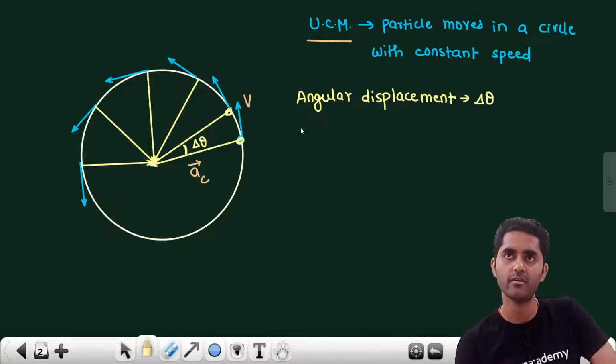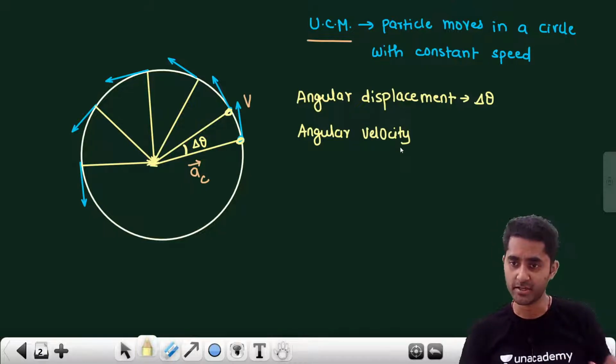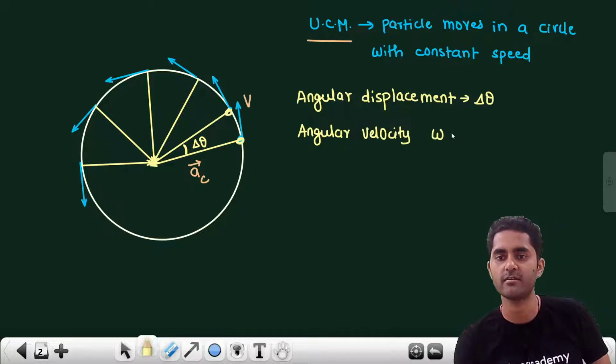Then we have angular velocity. We have already discussed it. We have average angular velocity, instantaneous angular velocity. So I am just writing the general formula. Angular velocity is angular displacement upon time taken.